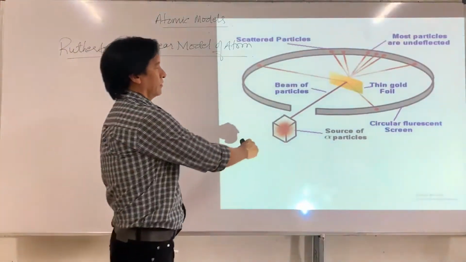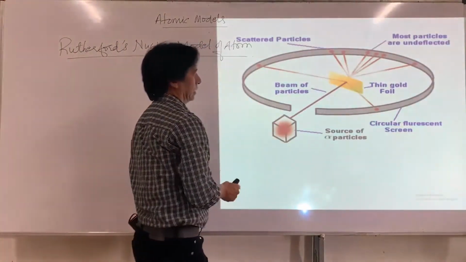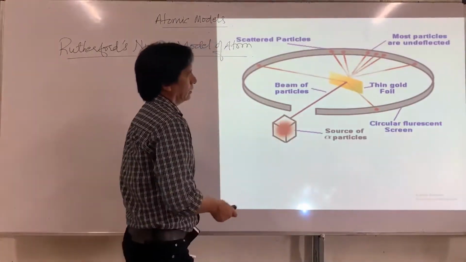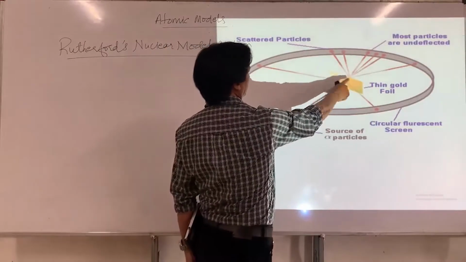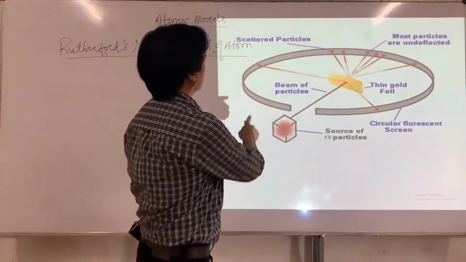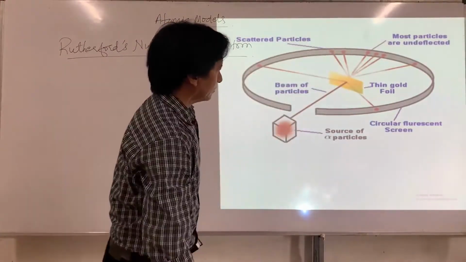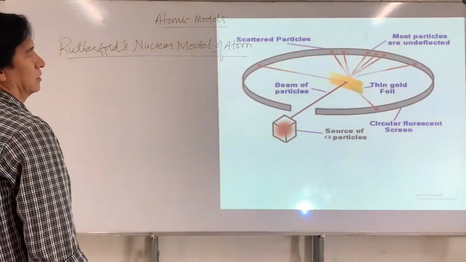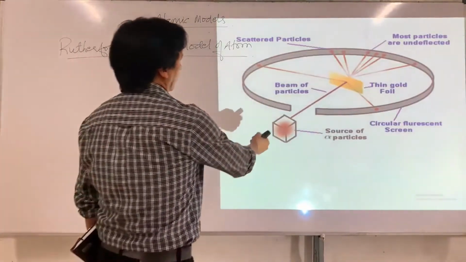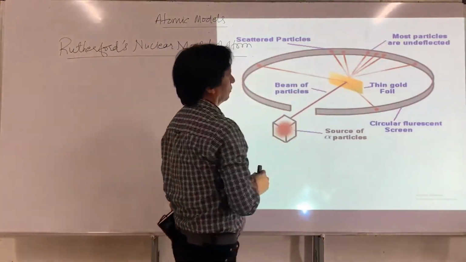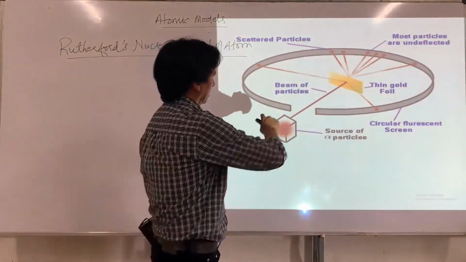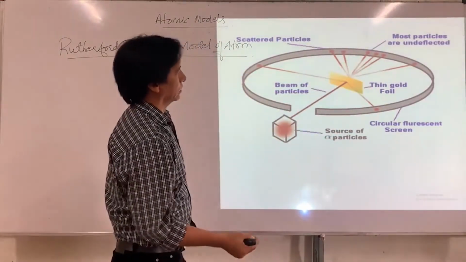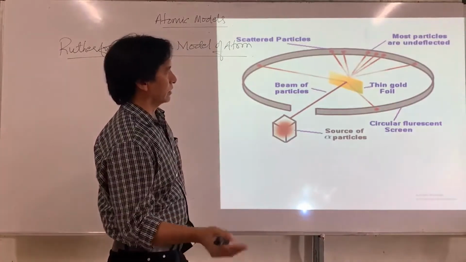See, now here you have the source of your alpha particles coming from here, and then they are going to pass through the thin gold foil here, and then now this is the circular fluorescent screen. This fluorescent screen is in fact coated with a fluorescent material like zinc sulfide.